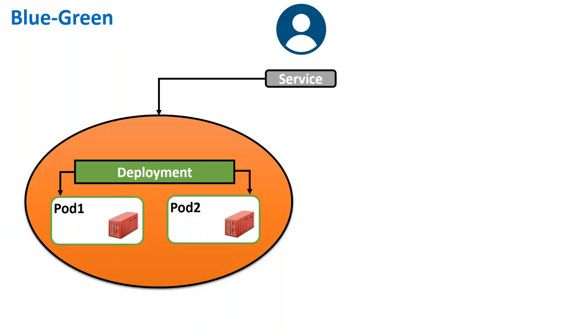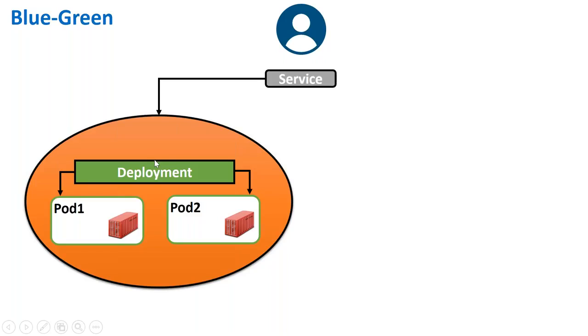Okay, now while the old version is still running and being accessed, we will go ahead and create a new object with a new set of build images or replicas. Unlike recreate or rolling update, we will not update the same object.